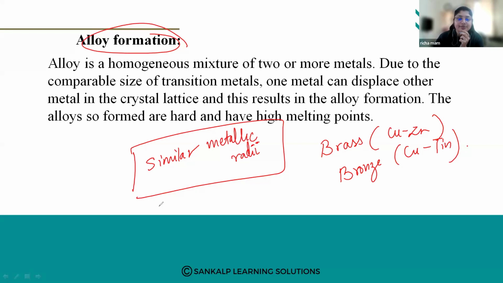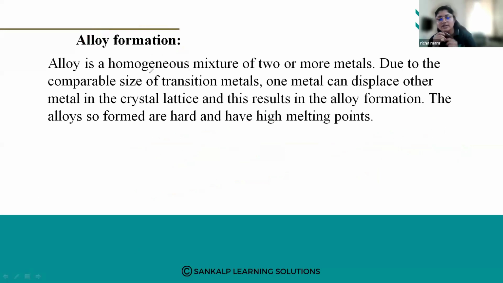Is it clear? So these are some of the important general properties of d block elements. We have seen electronic configuration, ionization enthalpy, oxidation state, magnetic property and how to calculate the magnetic moment.